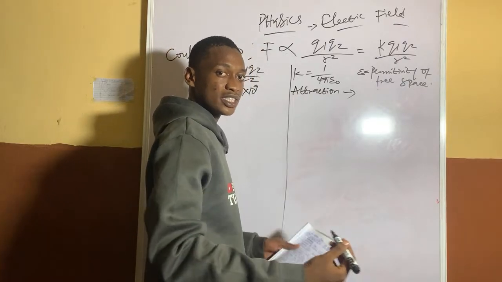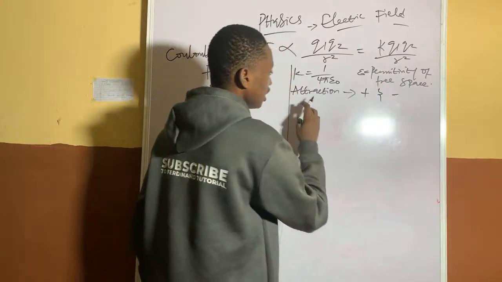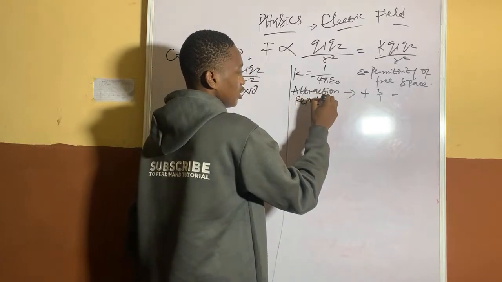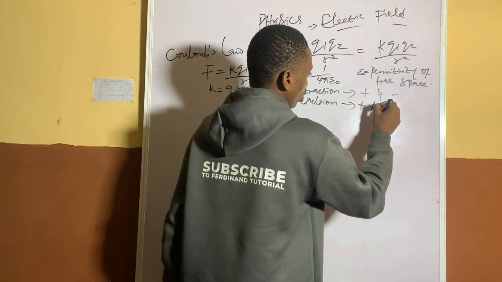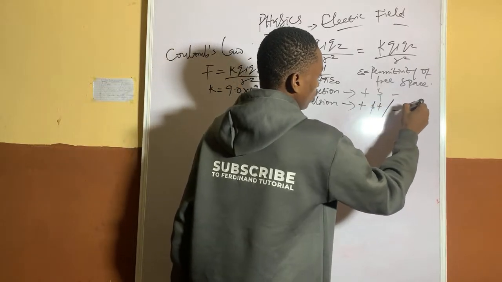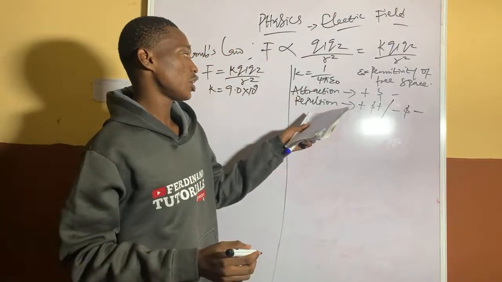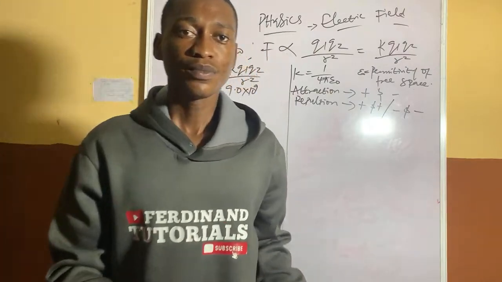Unlike charges attract, like plus and minus. Repulsion is either plus and plus or minus and minus. Those are like charges. So like charges repel and unlike charges attract. Are you following what we're saying here?